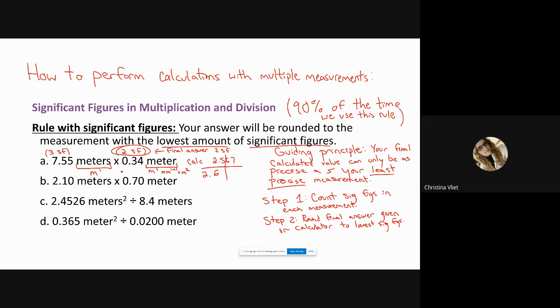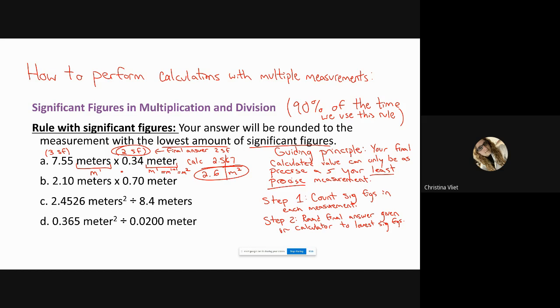So your unit here, you can write full meters squared, or you can write m squared. M is the abbreviation for meters. Either is acceptable. But you do have to recognize how to multiply units and divide units, which I'll show you in a little bit. So the final answer here is 2.6 meters squared.